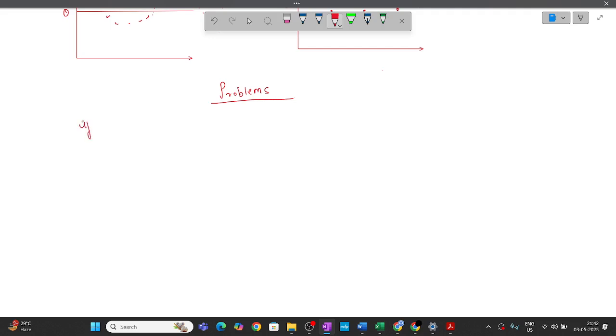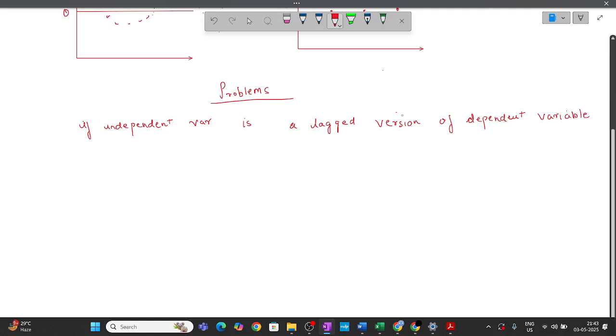First is if the independent variable is a lagged version of the dependent variable. Okay, so let me give you an example. This is an idea of auto regression.